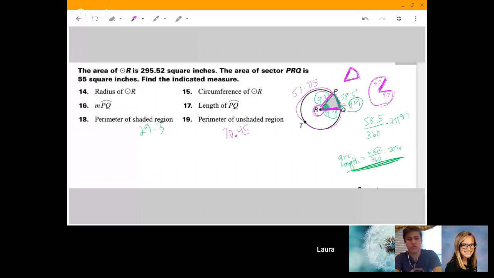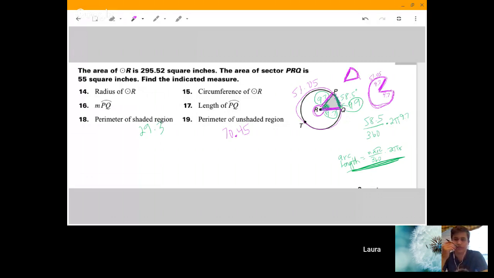For number 19, we're trying to do the perimeter of this little Pac-Man looking thing I drew over here. So the curved part of it is the arc length of 51.05. Were you with us on that, how we got that? Okay, so that's the curved part of it, but you want the perimeter of the whole part of this circle that's not shaded.